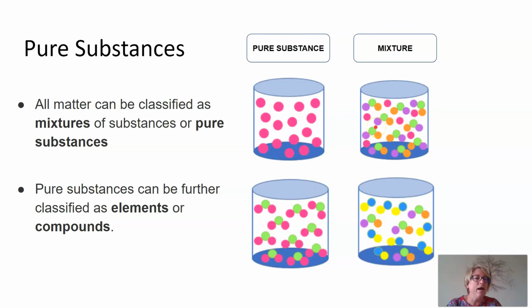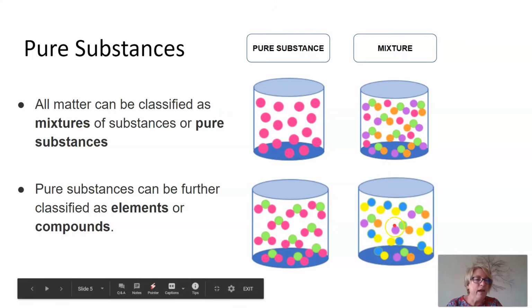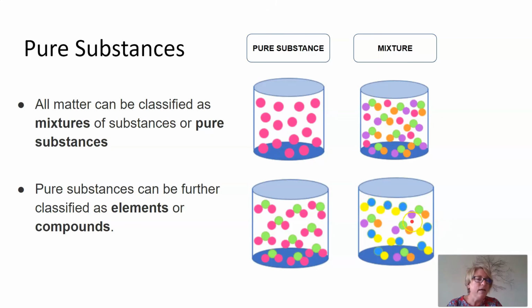If we have a look at a mixture, here we have pink circles as well as clusters of molecules of purple, green, and orange. And here again, we have clusters of yellow and blue and clusters of purple, green, and orange.